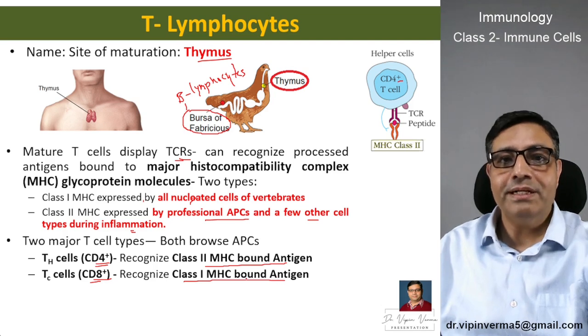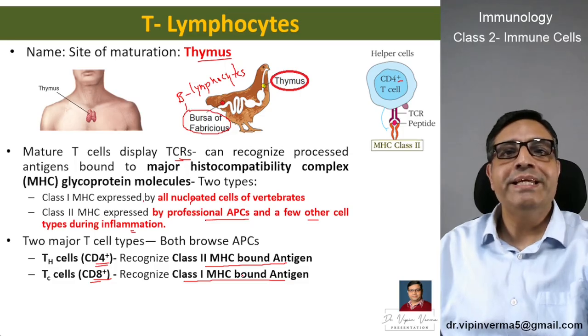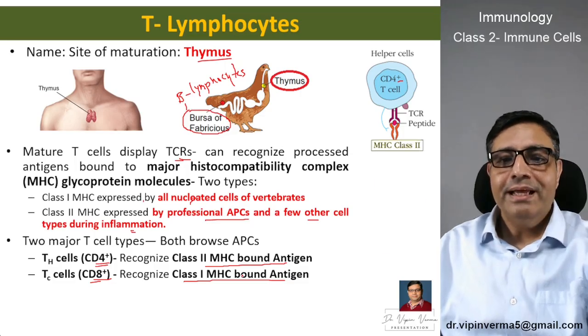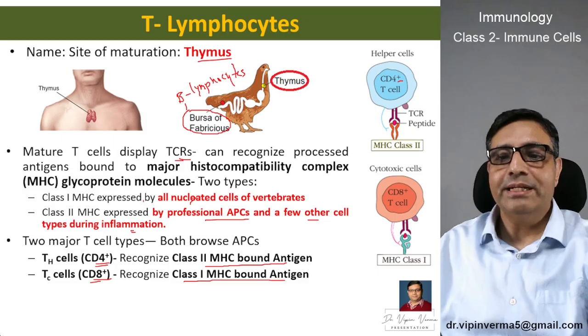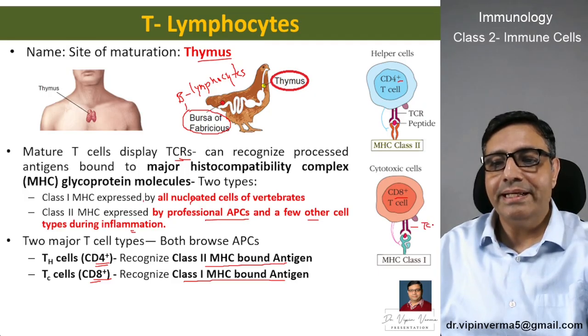And this class 1 MHC bound antigen is expressed by all nucleated cells, right? And here you can see the cytotoxic T cells. These are the CD8 cells, and this is the TCR, and this is the MHC class 1 with the peptide, and this TCR is binding with the MHC class 1 peptide complex.